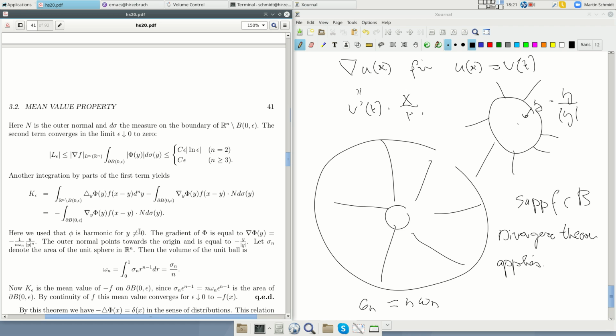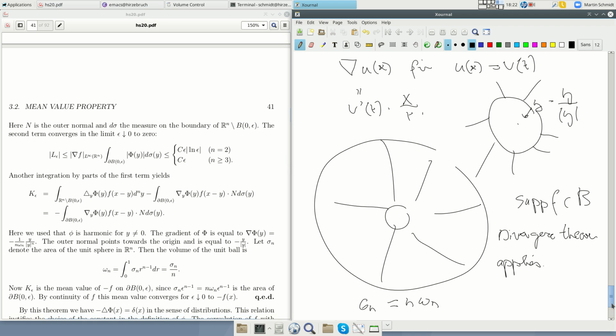So this is just what we see. We really get the mean value, the integral of the function f on the boundary of the epsilon ball.